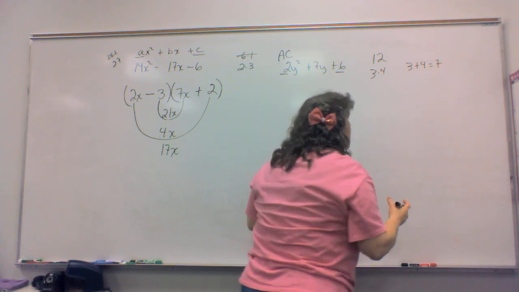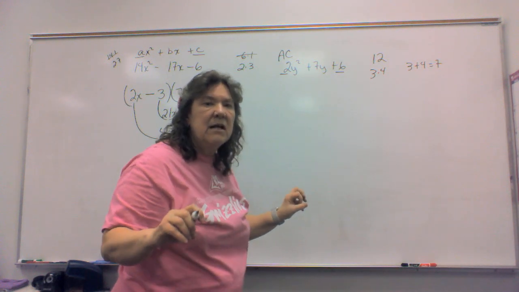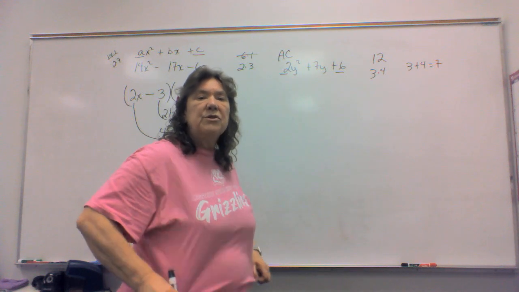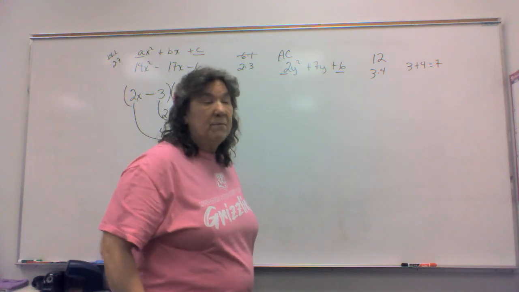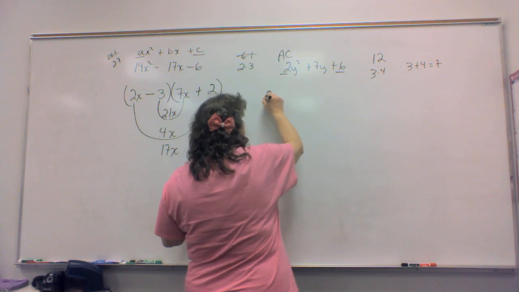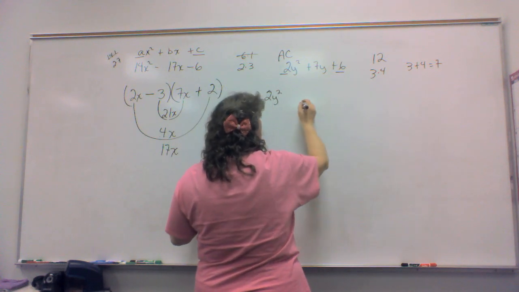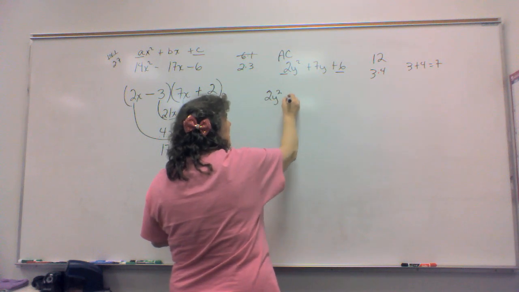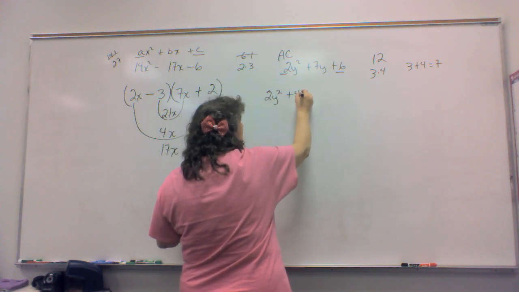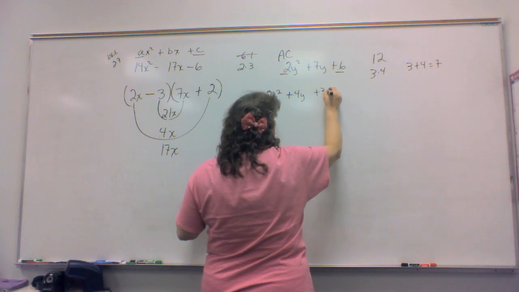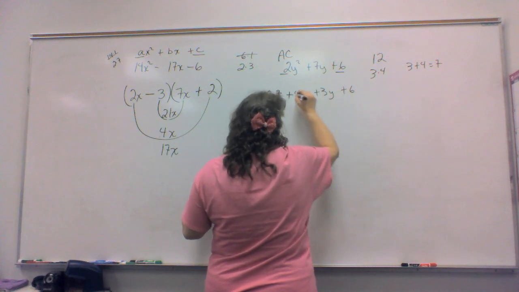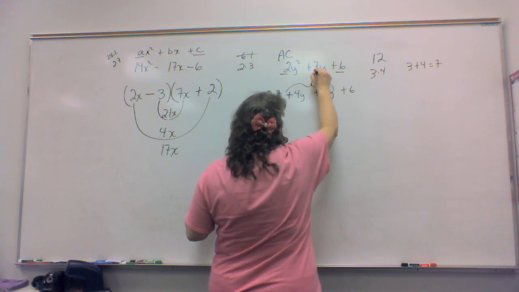So now we're going to deconstruct this as though we are going to a backwards FOIL method. So my 2y squared will be the same. And then since 3 and 4 are my middle terms and 4 has a common factor with 2, I'm going to go plus 4y plus 3y plus 6. Notice these two terms equal 7y.